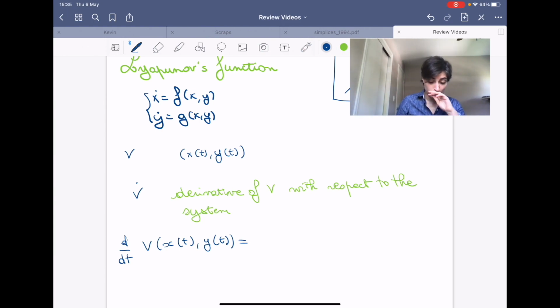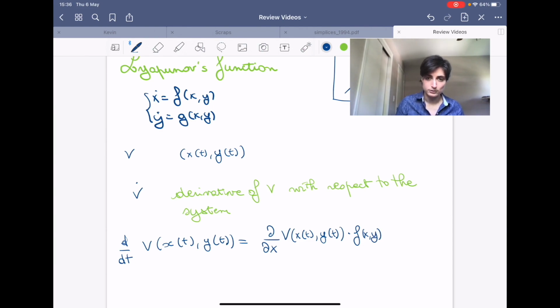If we do the calculation, we notice that this becomes the partial derivative with respect to x of v computed at x(t), y(t) times the derivative of x. But the derivative of x comes from our system. This is f(x,y).